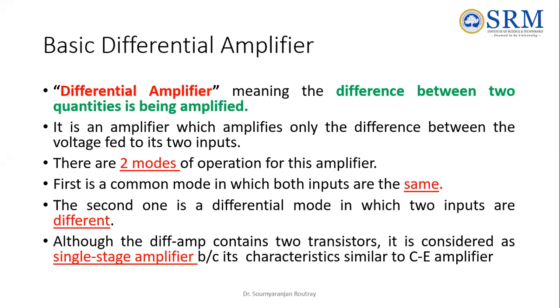The meaning is that the difference between two quantities is being amplified. That means A is one quantity, B is another quantity. Let's subtract it, A minus B, and the result is what will be amplified.